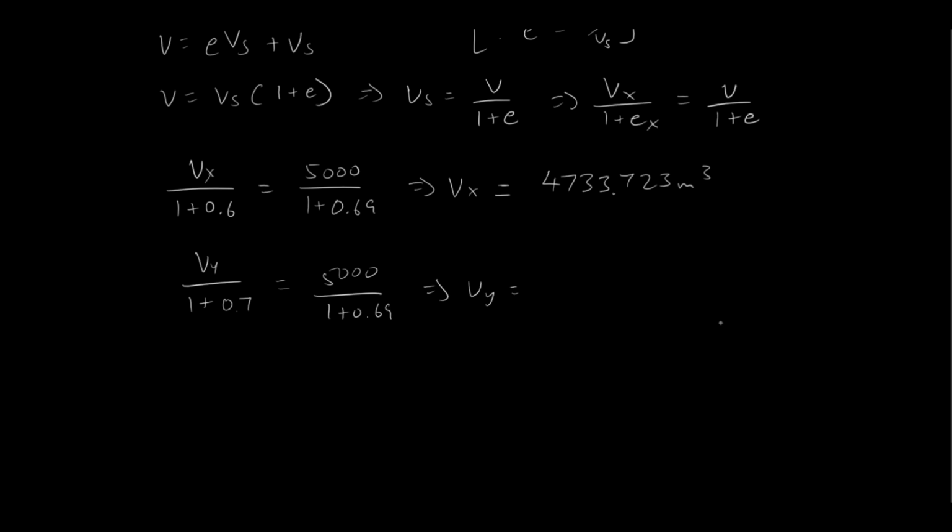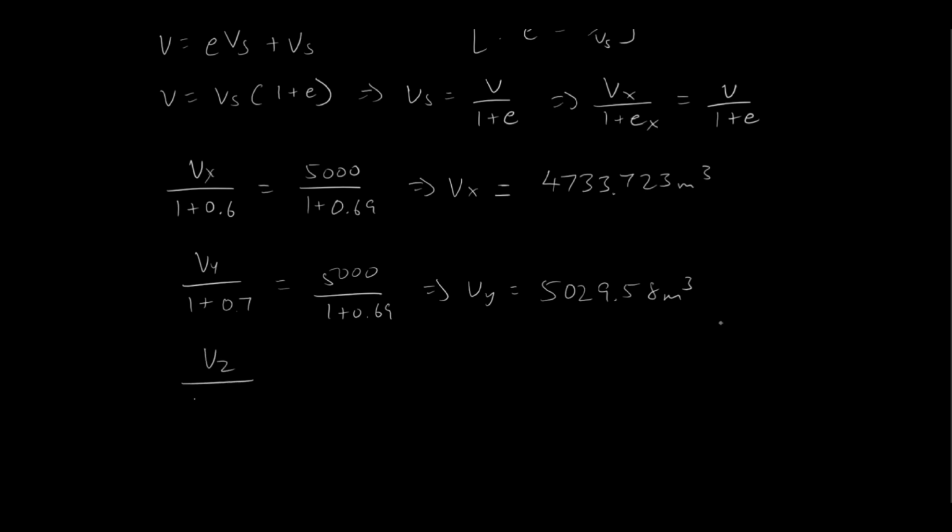So Vy will be equal to 5000 into 1.7 divided by 1.69, 5029.58 meter cube. That means to make 5000 meter cube volume at the construction site, you need to remove 5029.5 meter cube from the site Y.